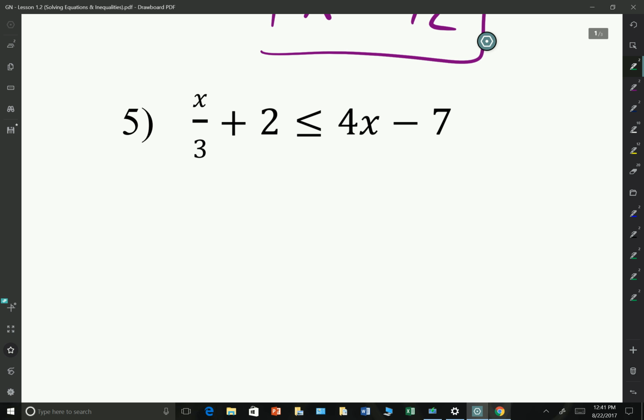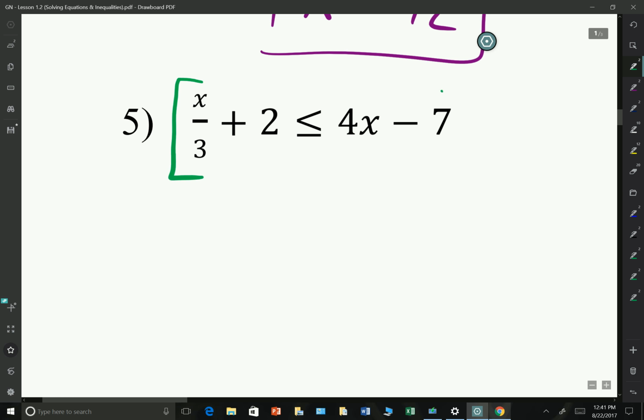You look at it, the part that stands out is the fact that you have a what? Fraction. So if you don't like that part of the problem, how do you get rid of it? Multiply everything by 3. If I don't like this and if I don't want to work with it, I can just change the whole inequality. Multiply everything by 3.